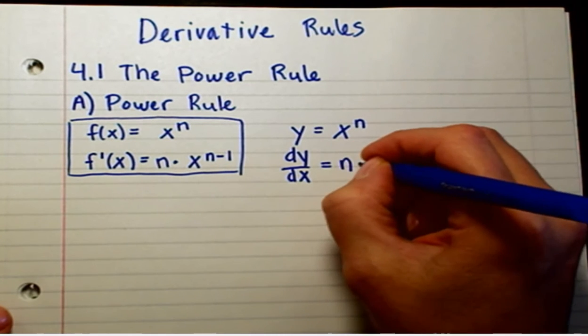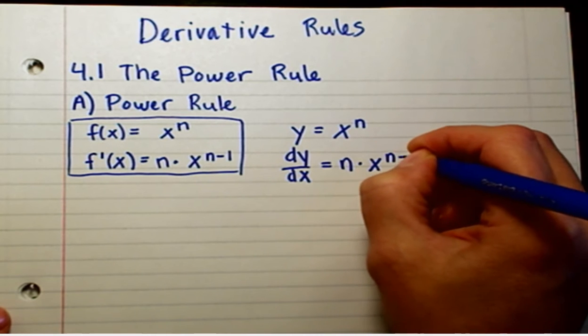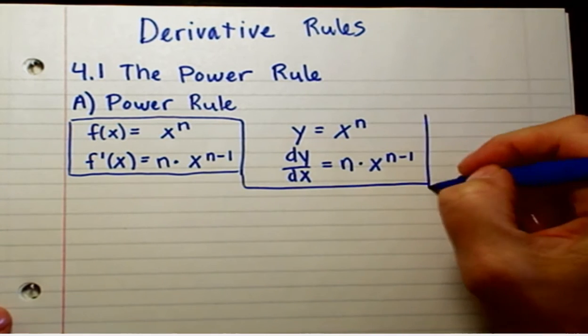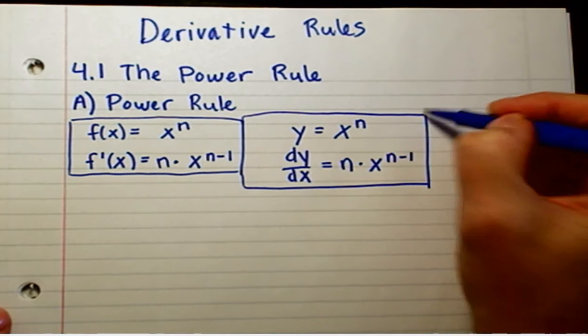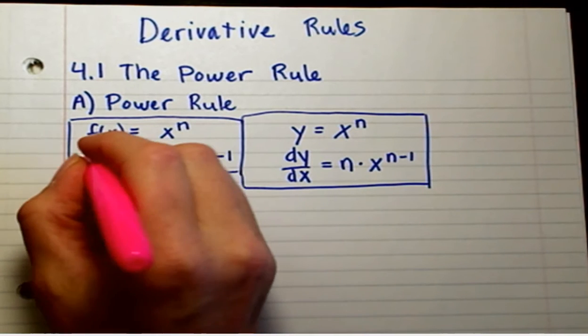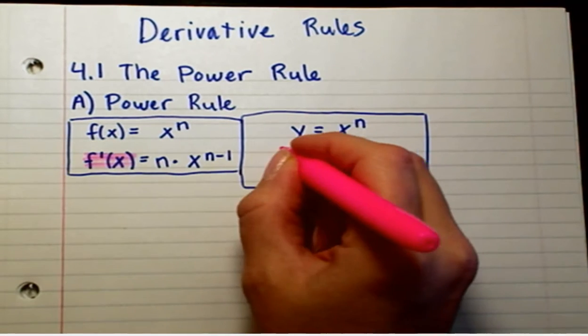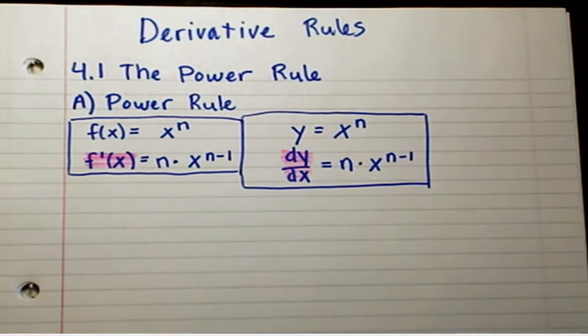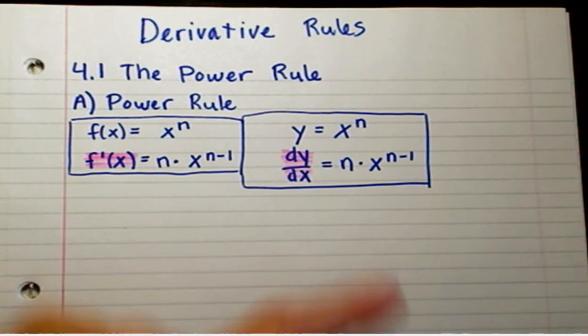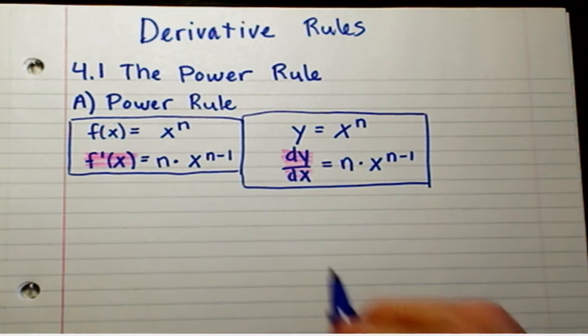Which is drop the power, subtract 1. Okay, this is just notation. All right, that's all this is right now. So the derivative, right? It's just different ways to identify the derivative. F prime, dy dx.